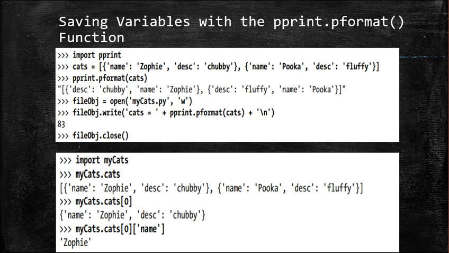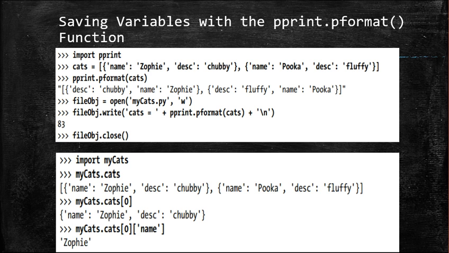Next, we'll go to the next topic, that is pprint and pformat. About pprint, we have already learnt in list as well as dictionary. There we named it pretty print, the pprint function, in which the contents of the list or dictionary were displayed on the screen.